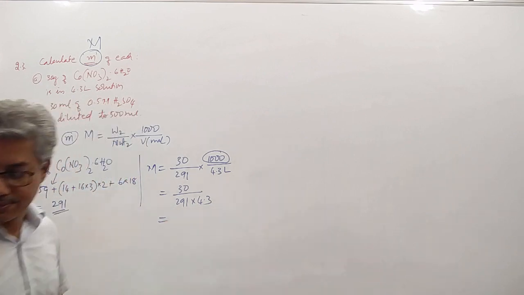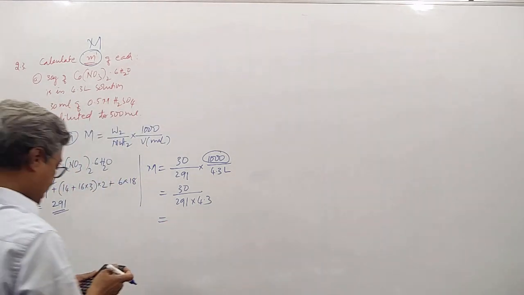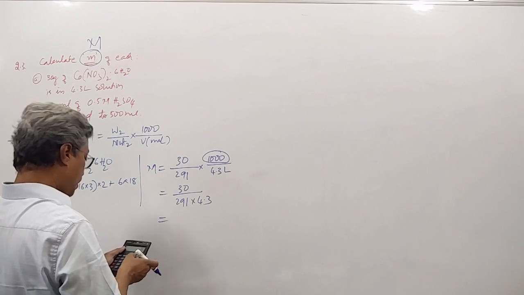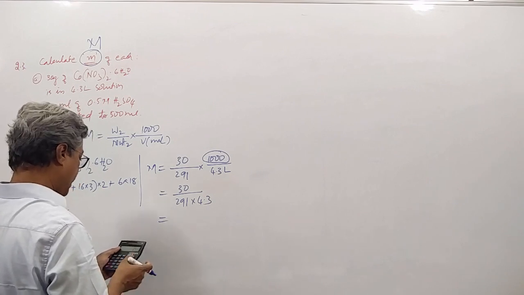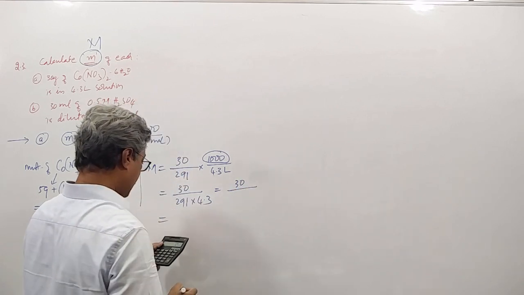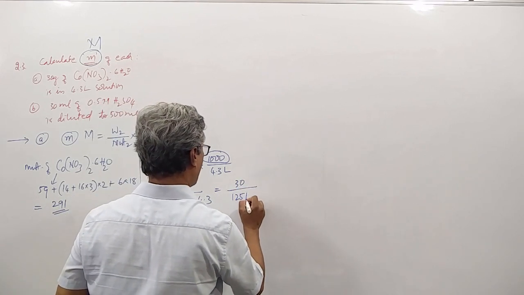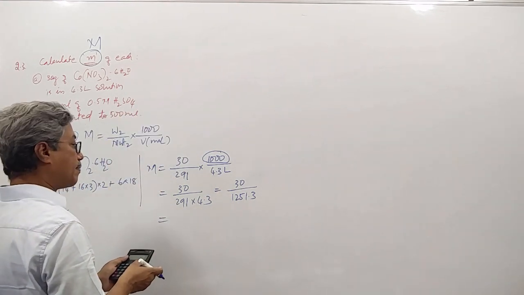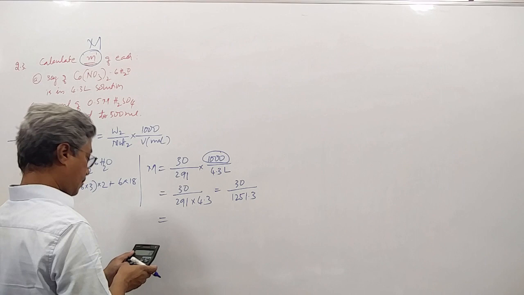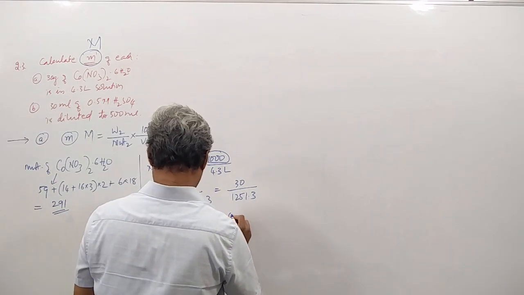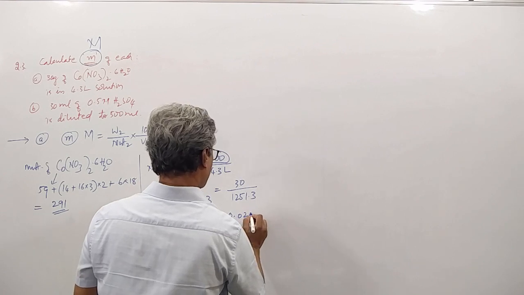This will give you, see here, 291 into 4.3. This is 30 divided by 1251.3, and this will be 0.0239.